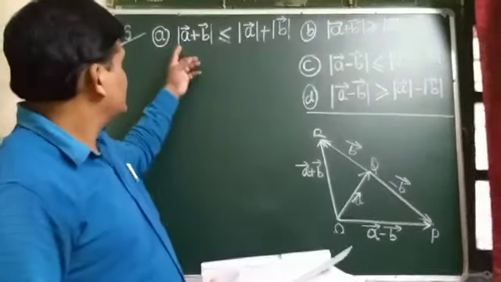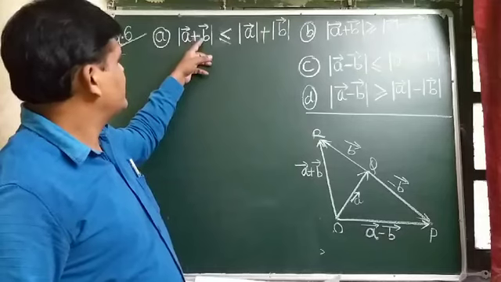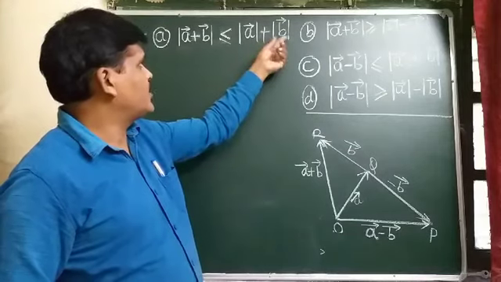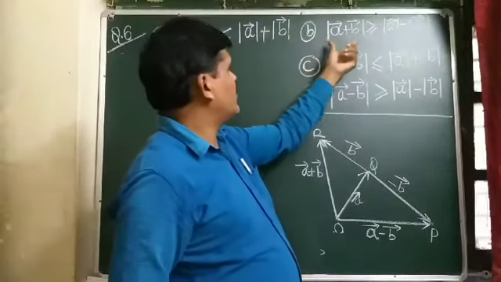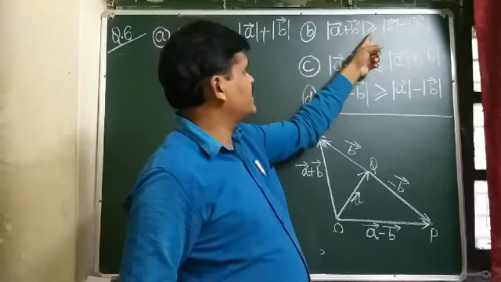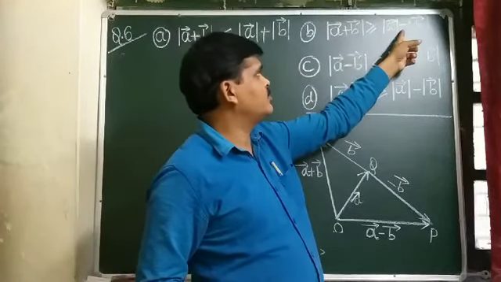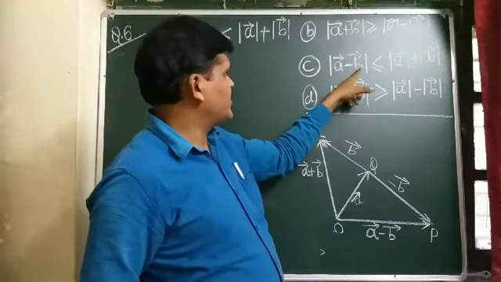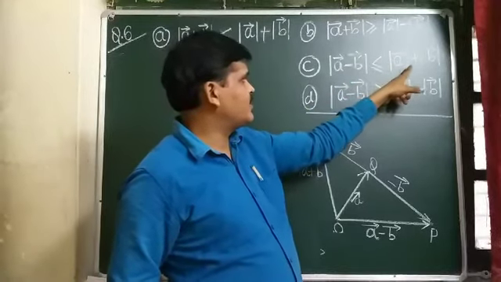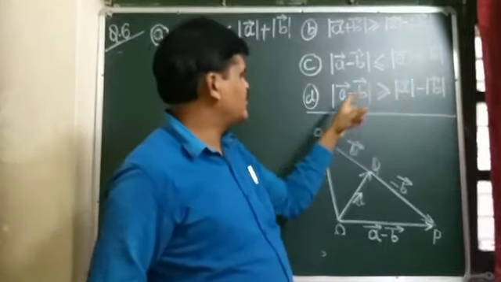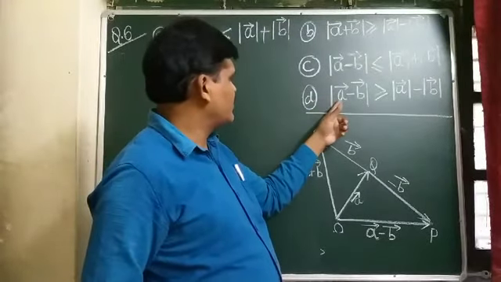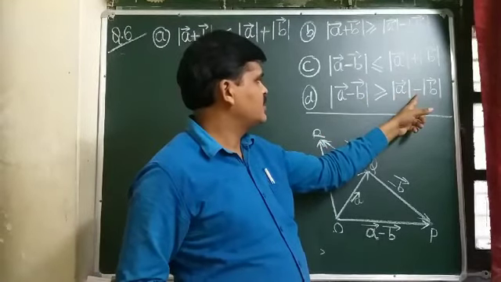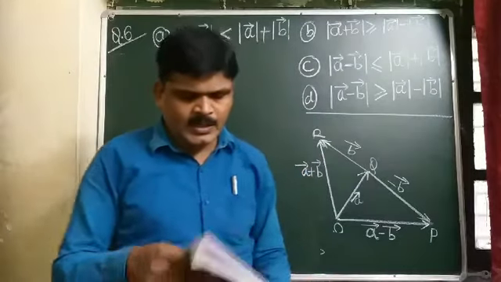First one is mod vector A plus vector B less than or equal to mod vector A plus mod vector B. Second part, mod vector A plus vector B greater than or equal to mod vector A minus mod vector B. Third part, mod vector A minus vector B less than or equal to mod vector A plus mod vector B. And fourth part, mod vector A minus vector B greater than or equal to mod vector A minus mod vector B.